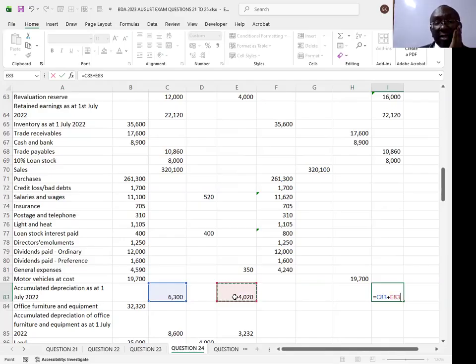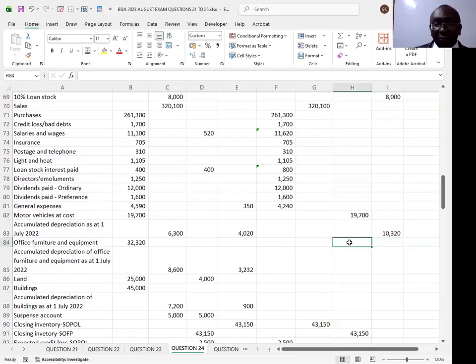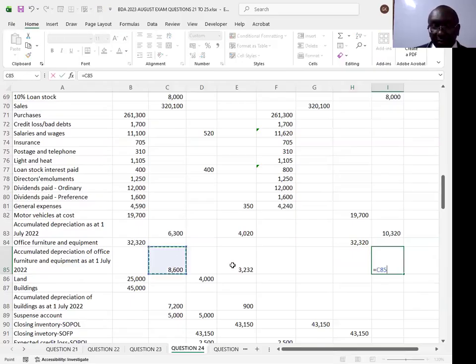Na iende kwa credit. We come to office, the same thing. Accumulated depreciation, the same. This 86 plus this 32.